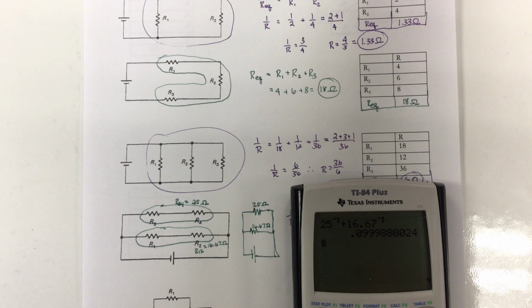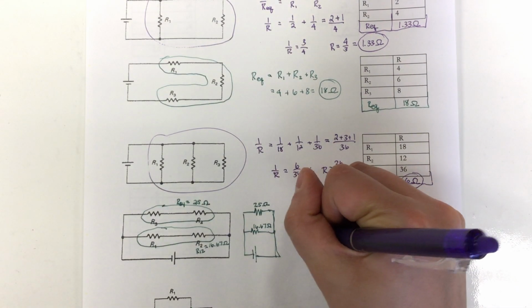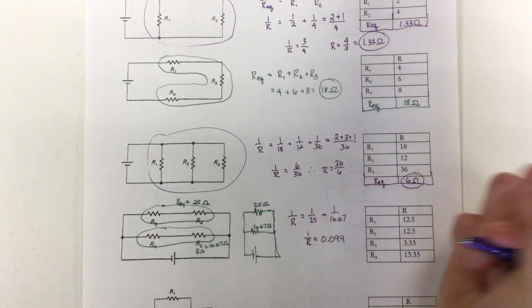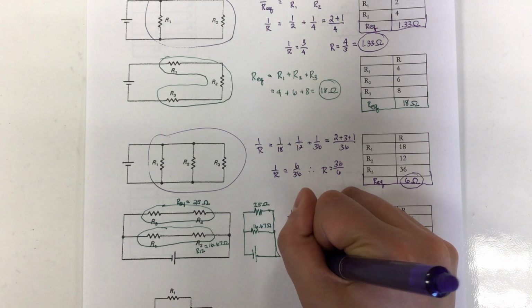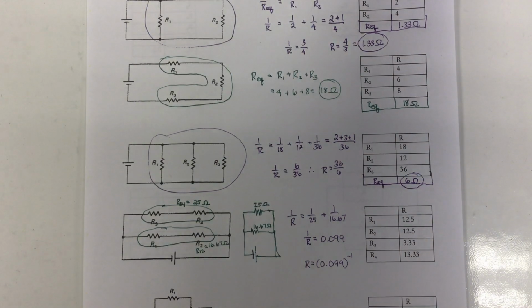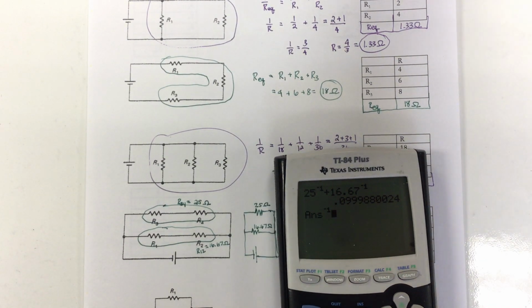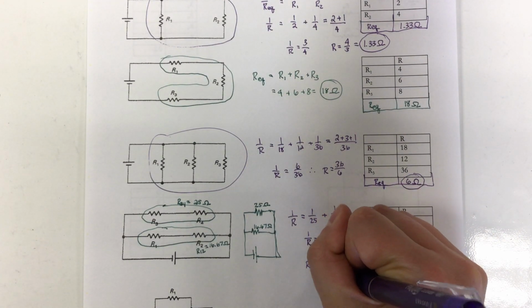And that gives me 0.0999, etc. So 1 over R is equal to 0.099999, etc. So doing the inverse function here, R must be equal to 0.09 inverse. In my calculator, that looks something like this, giving me approximately 10 as my equivalent resistance for this whole circuit.